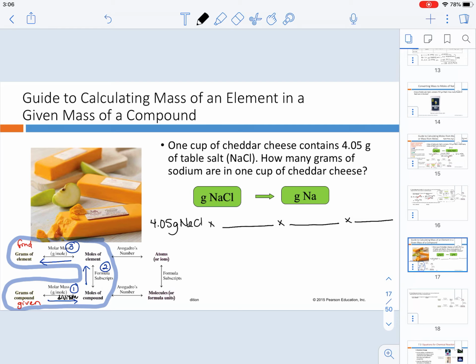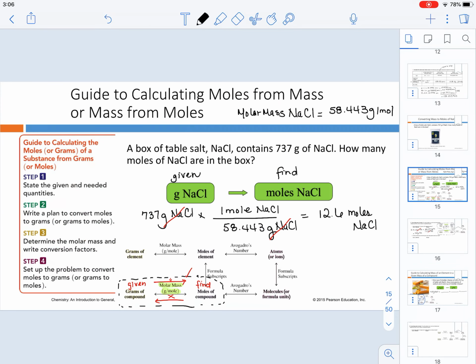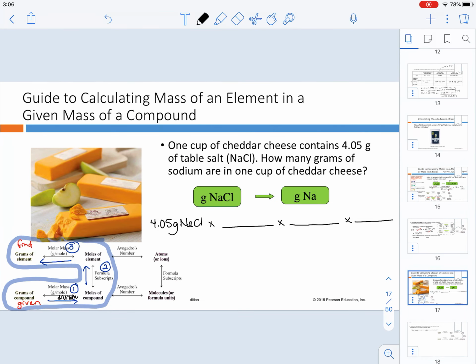So that means that in a previous problem, I already calculated the molar mass of sodium chloride is right here. So 58.443 grams of NaCl and 1 mole of NaCl. So I'm done with the first conversion.